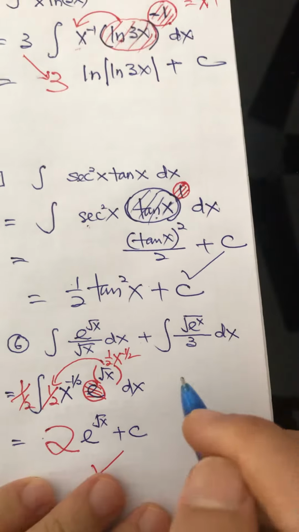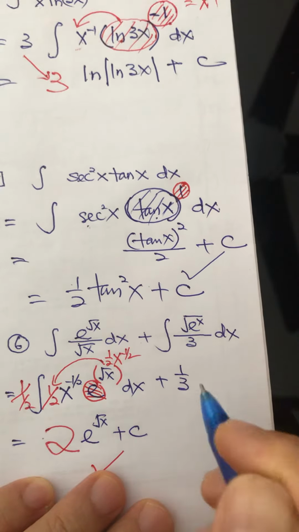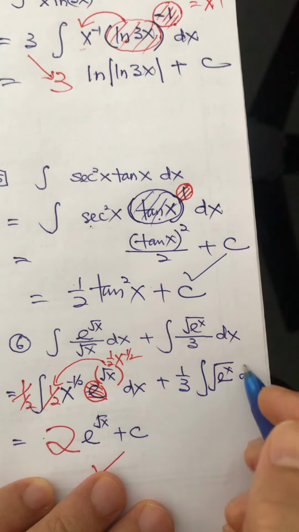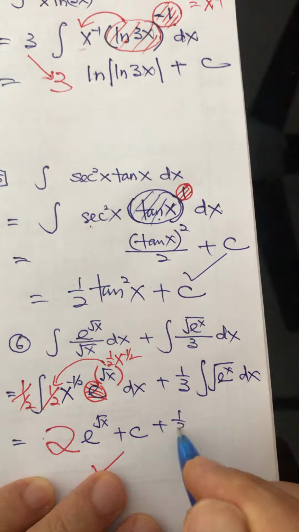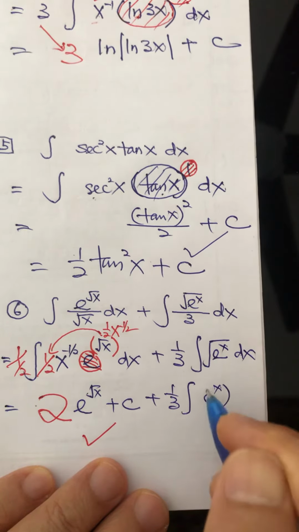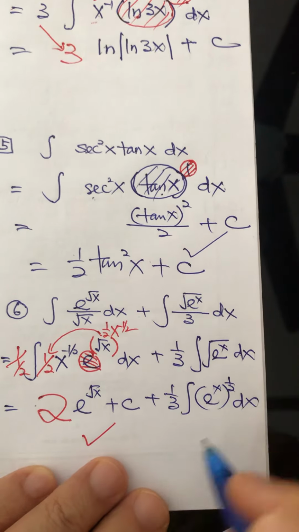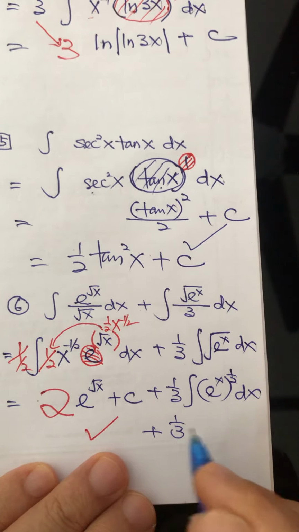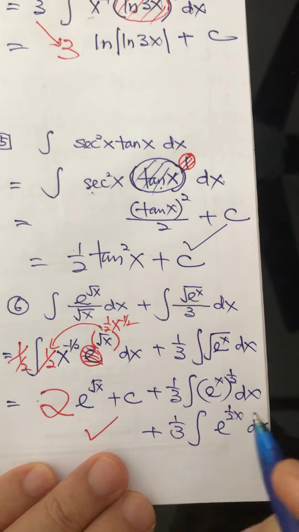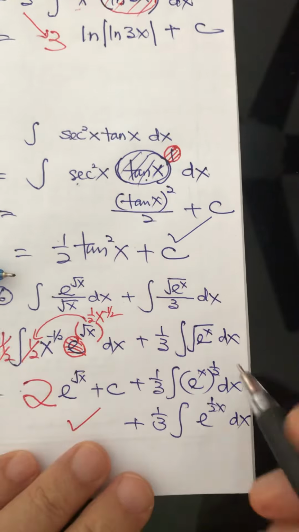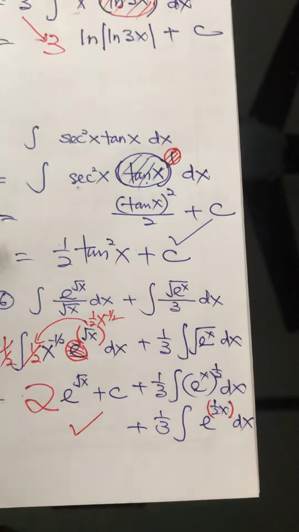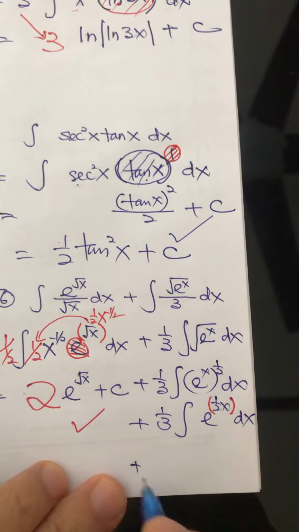Okay, how about this side? 1 over 3 you take out, then you want to integrate e^(square root x) dx. This one is 1 over 3, then you want to integrate, this is e^x and then half. So you get 1 over 3 integrate e^(x/2) dx. Now you see where is the bracket? The bracket should be this one. So what function do you want to integrate?